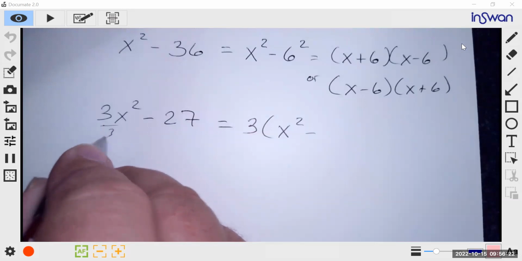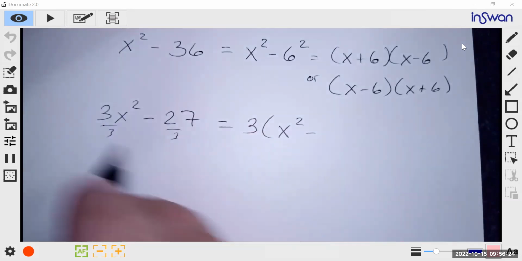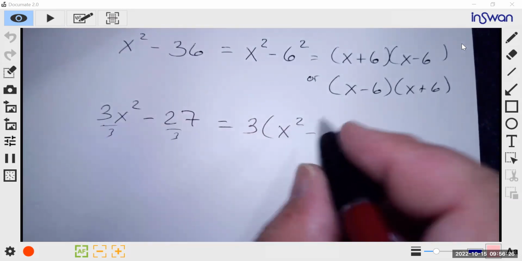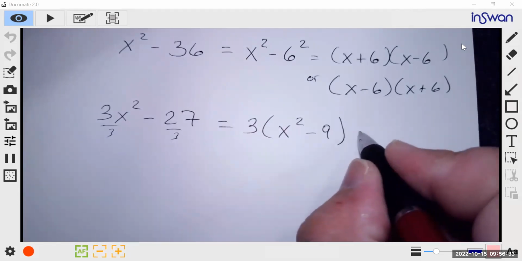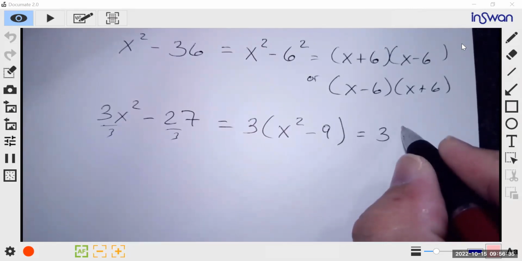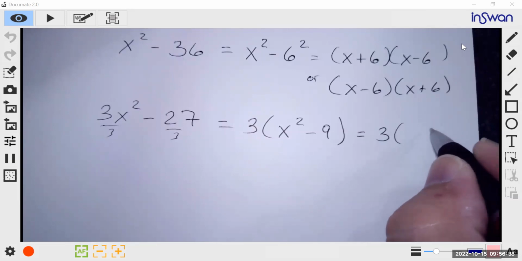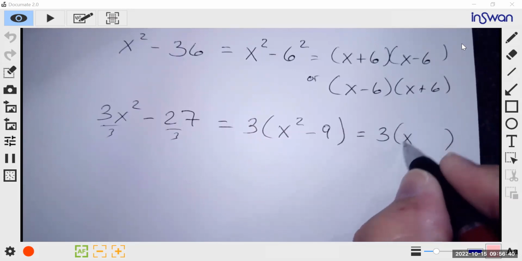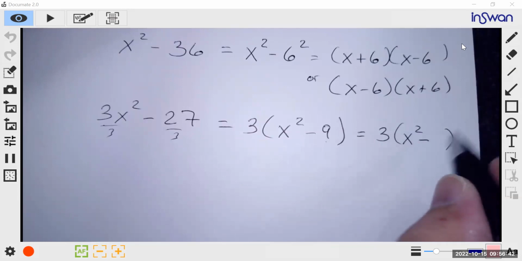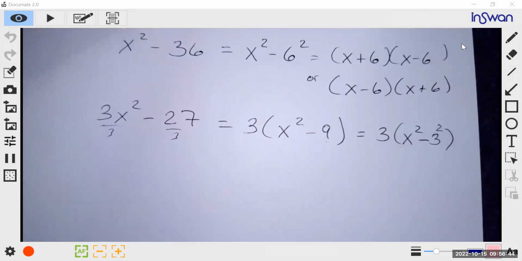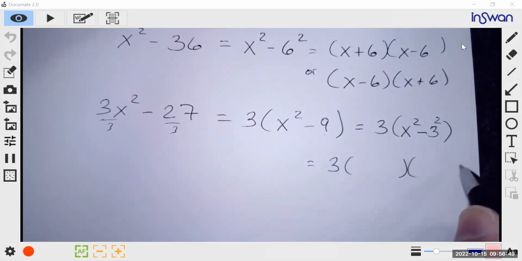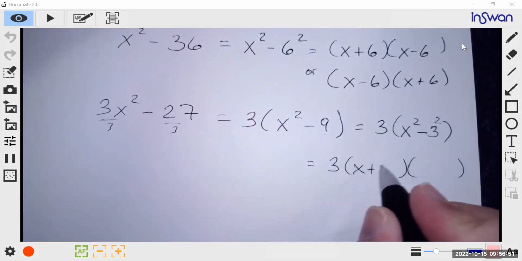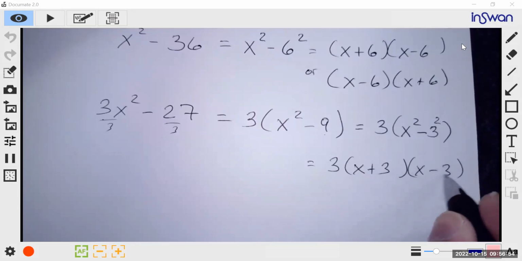So if I take out a 3, I divide both of those. So I have x squared, 27 divided by 3 is 9. Nine is made up of 3 times 3, so it's 3 squared, which means our factored form is x plus 3, x minus 3.